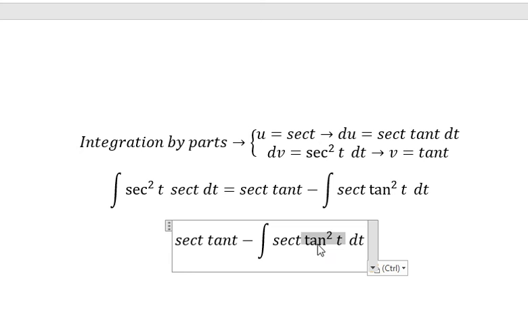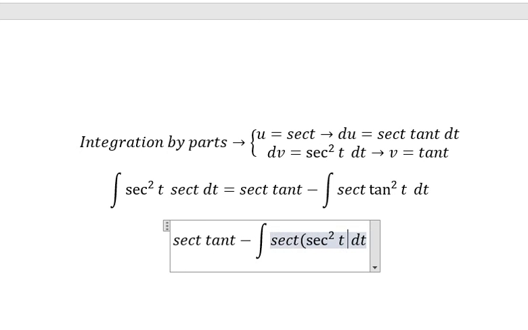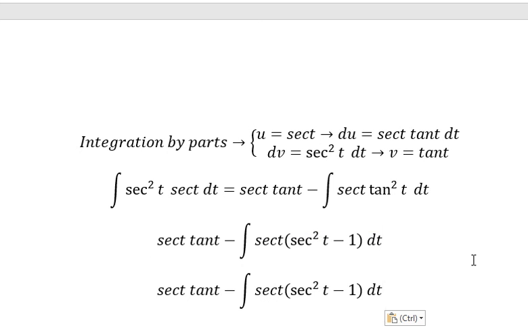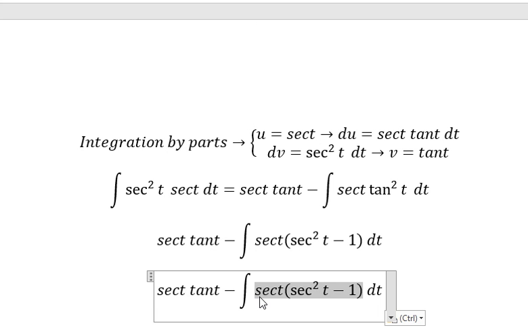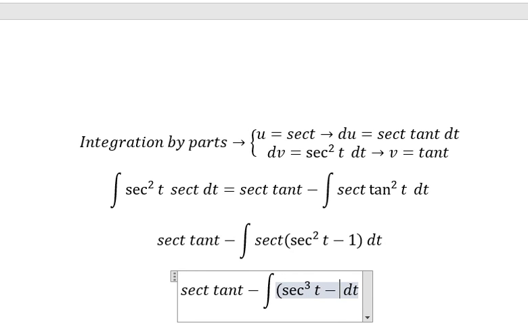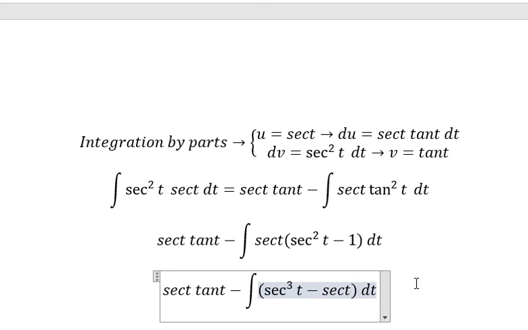Tan t square is secant of t square minus 1. So we have secant of t multiplied by secant of t square and number 1. And we will get secant of t to the power of 3 minus secant of t.